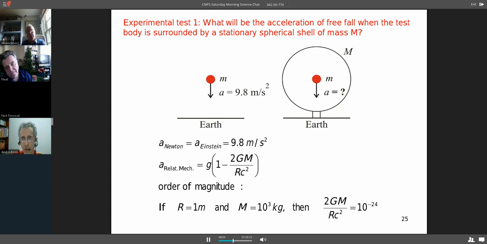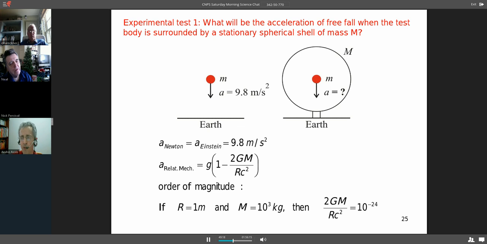According to relational mechanics, on the other hand, the acceleration will be a little, very little smaller. How much smaller? Well, it will be 9.8 times 1 minus a constant. This constant is 2 capital G mass of the spherical shell divided by radius times c squared.